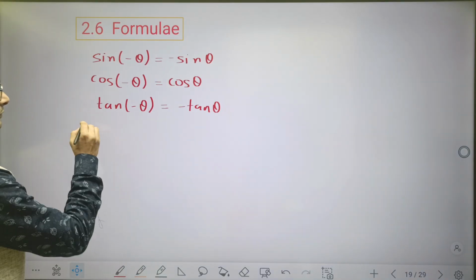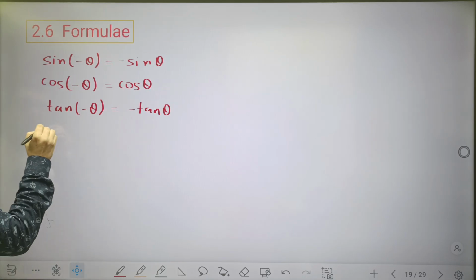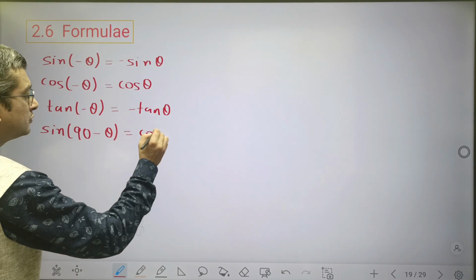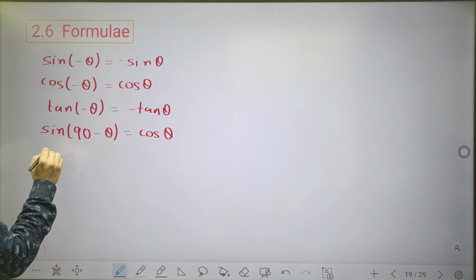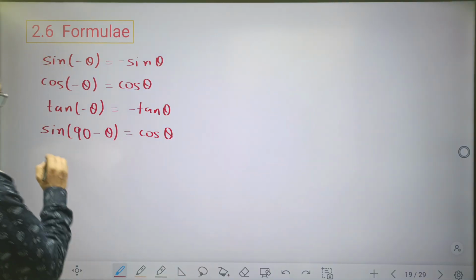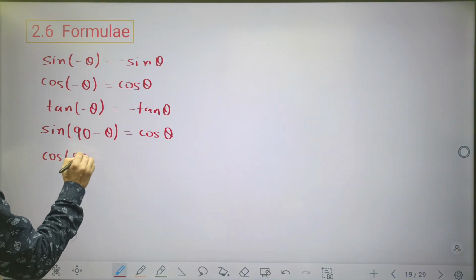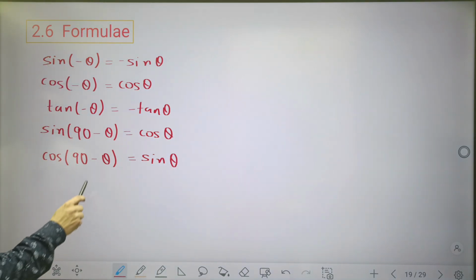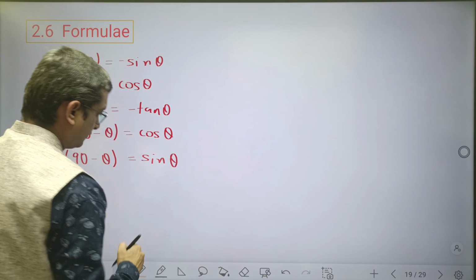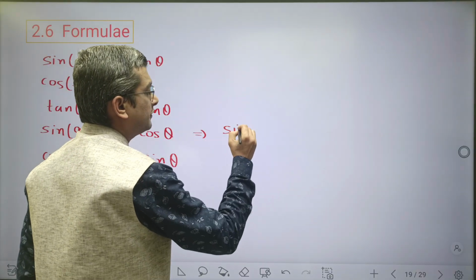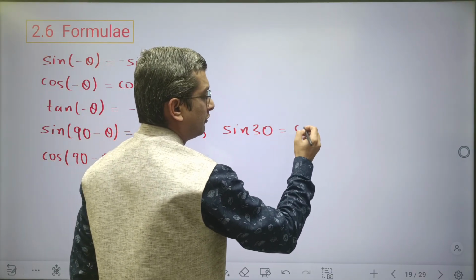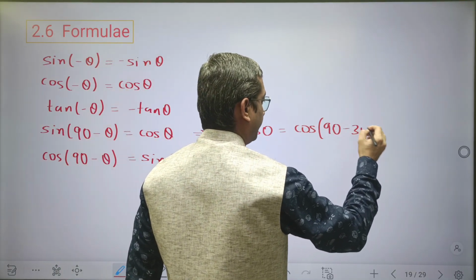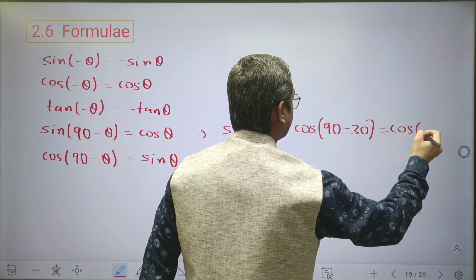Next very important formula, sine 90 minus theta is equal to cos theta, and cos 90 minus theta is equal to sine theta. For example, sine theta is equal to cos 90 minus theta, that is sine 30 is equal to cos of 90 minus 30, which is cos 60.